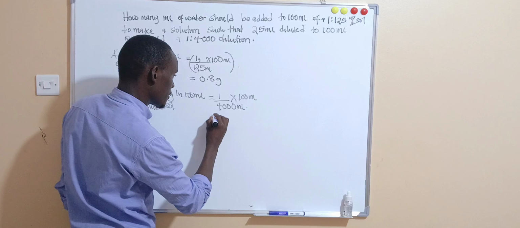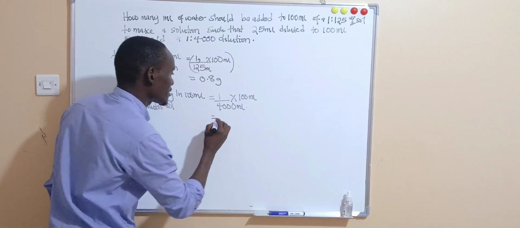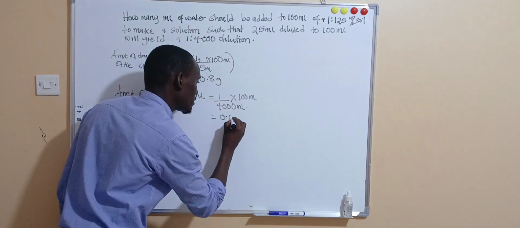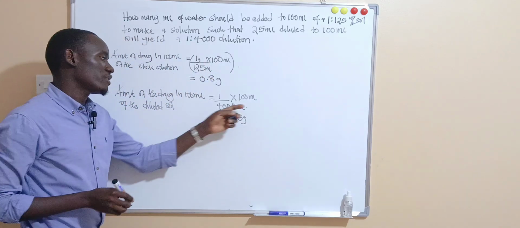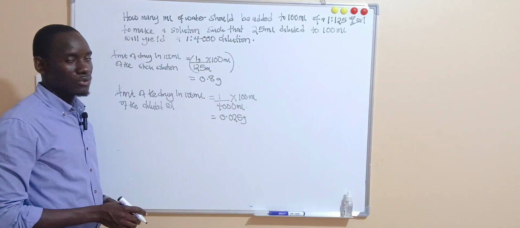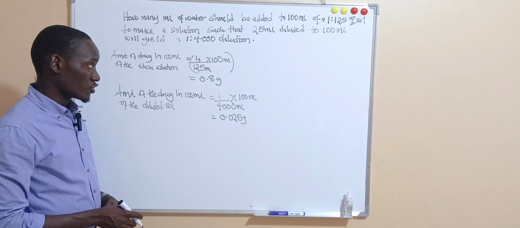So this will give us 0.025 grams of the drug in 100 mils of the diluted solution.